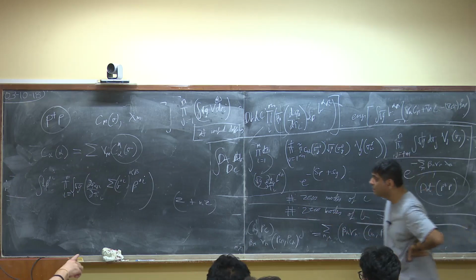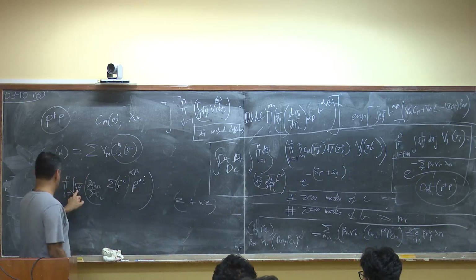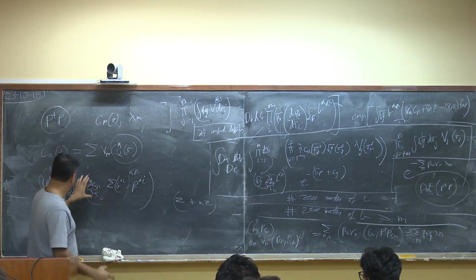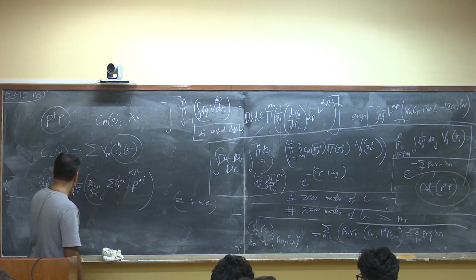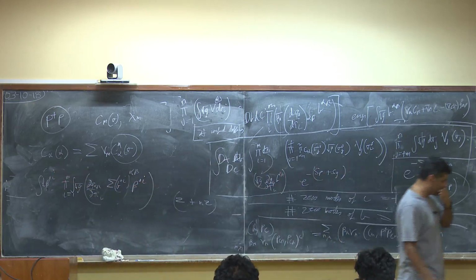The integral over sigma. These are functions of sigma, and this was supposed to be integrated over sigma. Why didn't I have that in my formula?